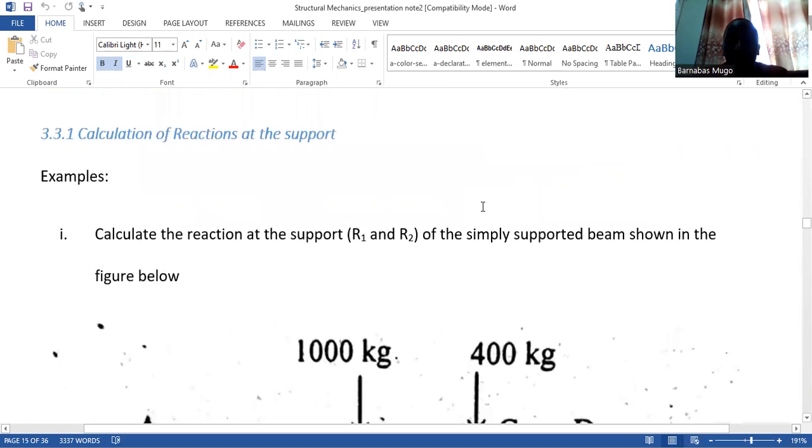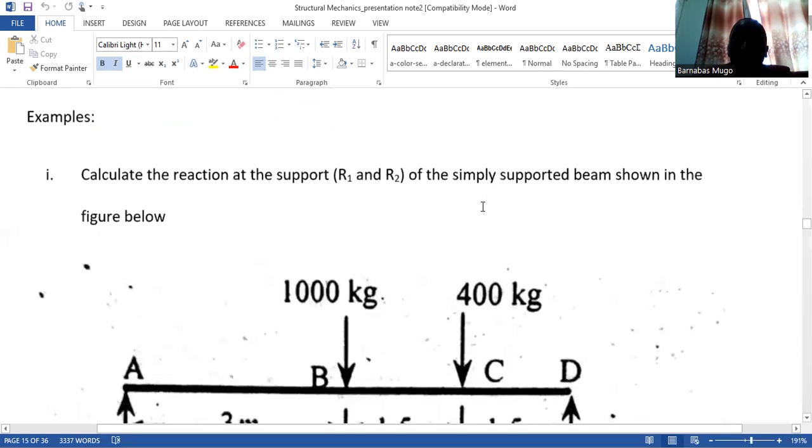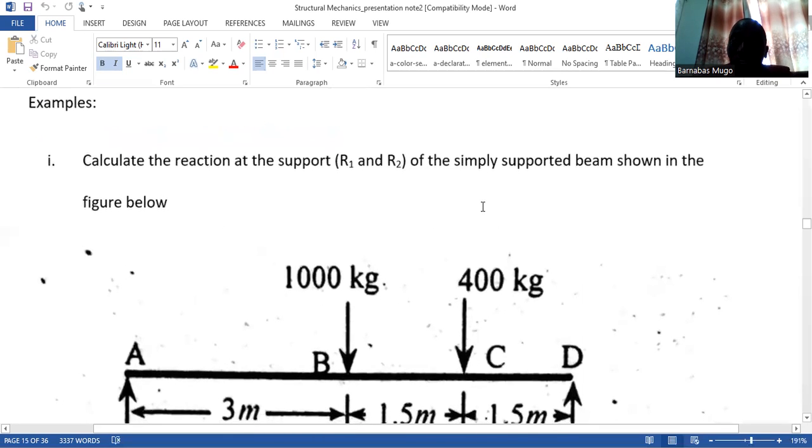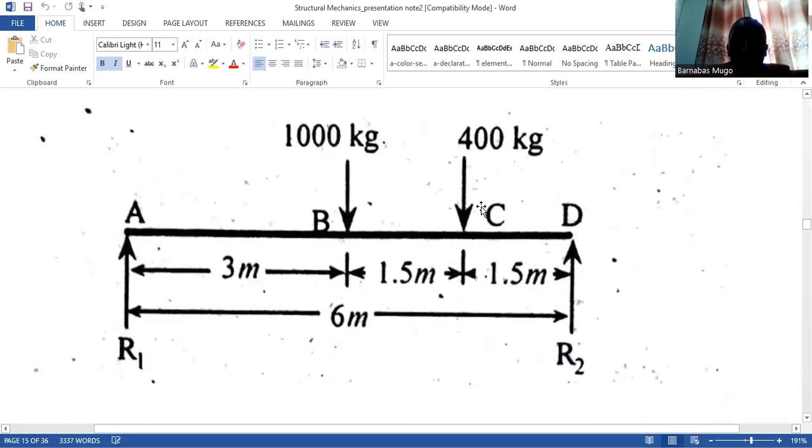So I'm just going to give you an example of how you can calculate a reaction at the support. We have been told to calculate the reaction at the supports R1 and R2 of a simply supported beam shown in the figure. We have a simply supported beam AD, and at A and D we have the supports of the beam.